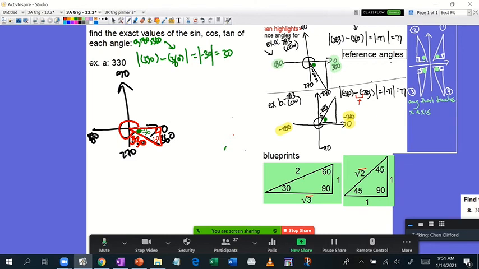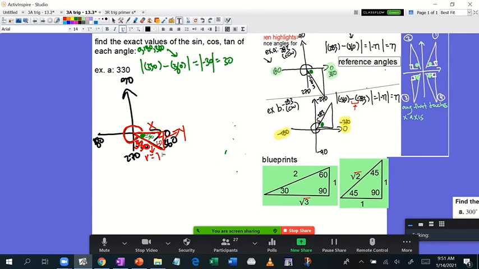So I'm going to call this X because it's going left, right. I'm going to call this side Y. And R, for these problems, R is always going to be 1, no matter what.